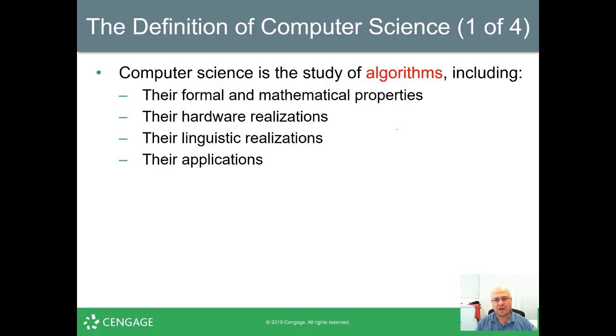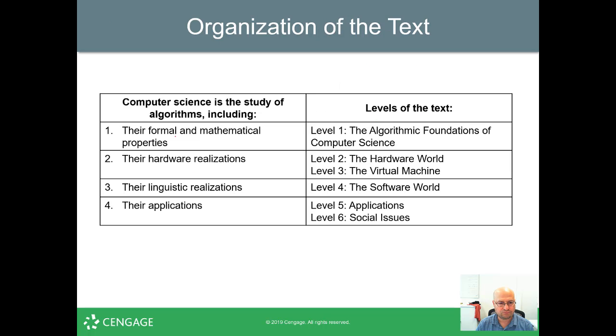Let's wrap up. As we said, computer science is the study of algorithms, including their formal mathematical properties, their hardware realization, their linguistic realizations, and their applications. We're going to see the formal and mathematical properties in level 1. This is all contained in module 1, which you have to do within 2 weeks.